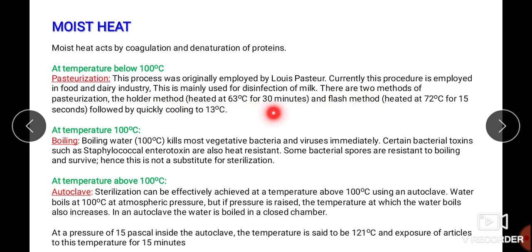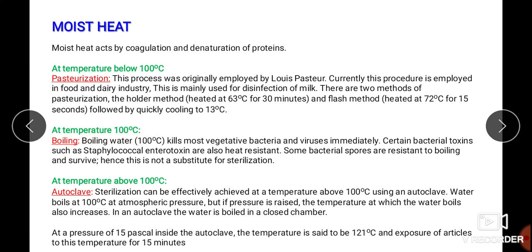In the holder method, the milk is kept for 30 minutes at 63 degrees Celsius, whereas in the flash method, milk is kept for 15 seconds at 72 degrees Celsius, and after this it is cooled down and packed into a sterile plastic bag. This is the process of pasteurization, one of the sterilization processes in which moist heat is used.